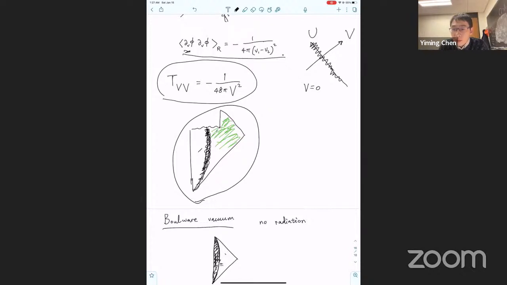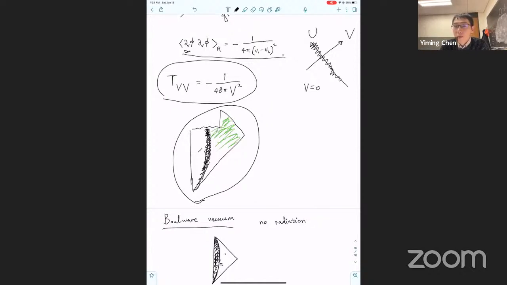Another question: does the UV divergence have any relevance to the firewall? Yes, it does. Essentially, I think you probably heard this in lectures, the reason you get a black hole information paradox is because there is a large entanglement between the outgoing modes inside the horizon and outside the horizon.